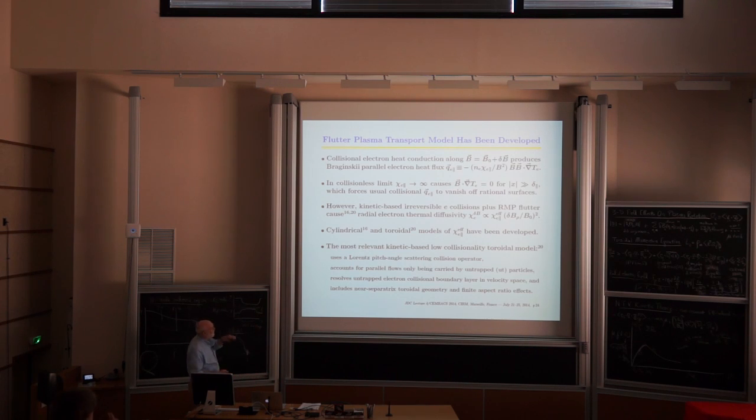And so we ended up developing what's called a flutter model, taking account of collisional effects. Basically, it says that the radial chi-e due to the magnetic perturbations is the parallel effective trapped particle effects along field lines, a la Rechester-Rosenbluth, but modified for the torus, times your magnetic perturbation.